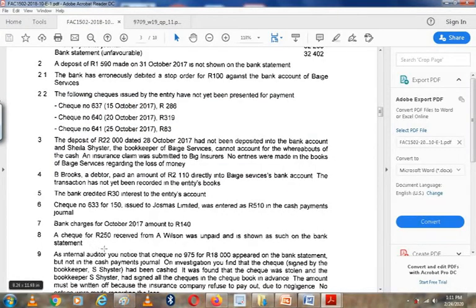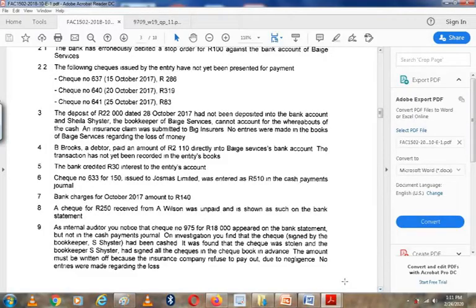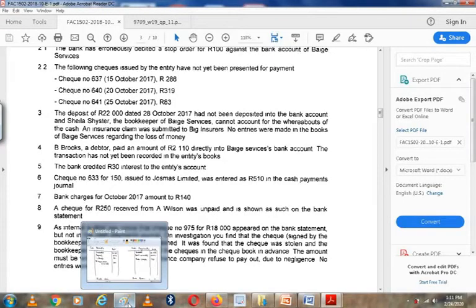A check for 250 received from A. Wilson was unpaid and is shown as such on the bank statement. So this is an unpaid check. It was not honored.